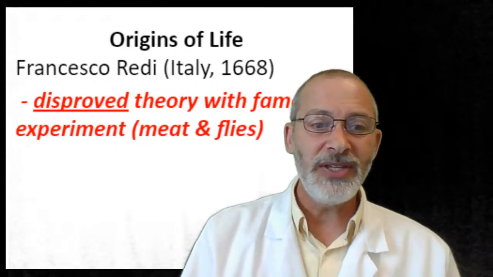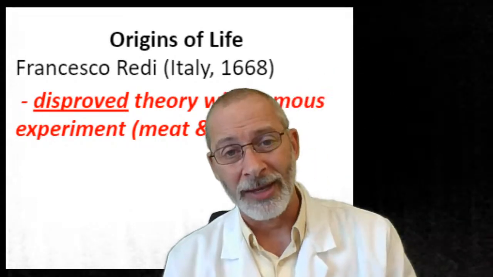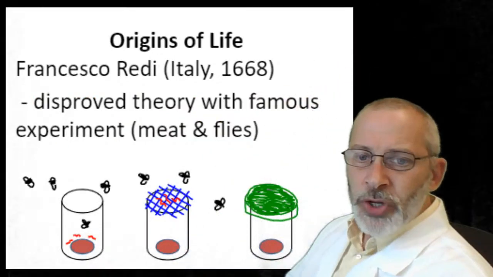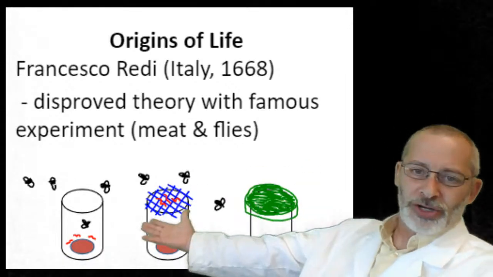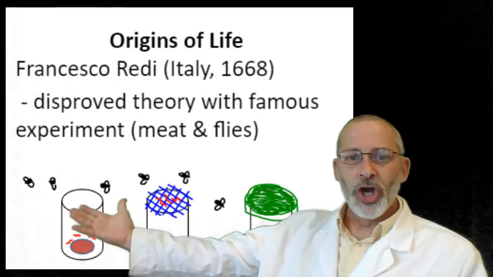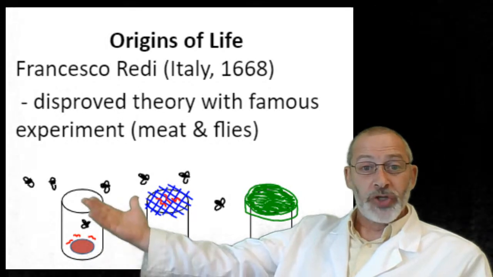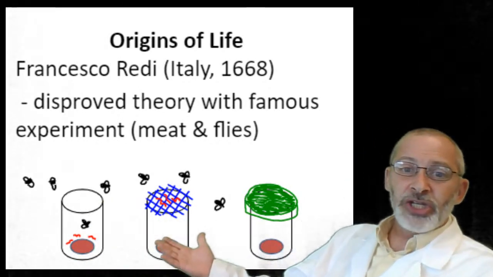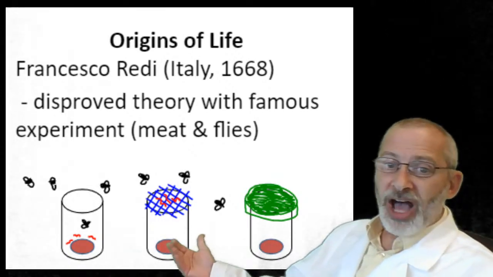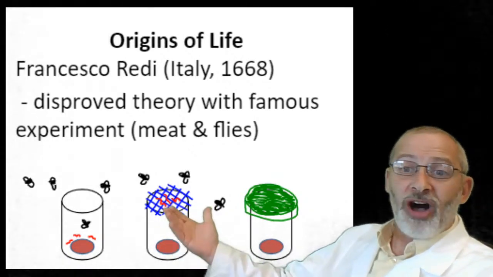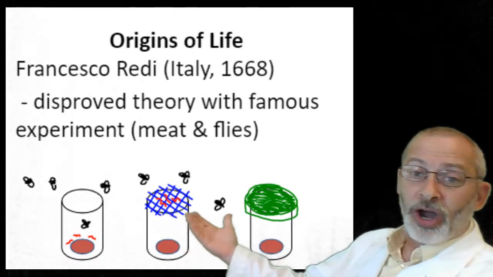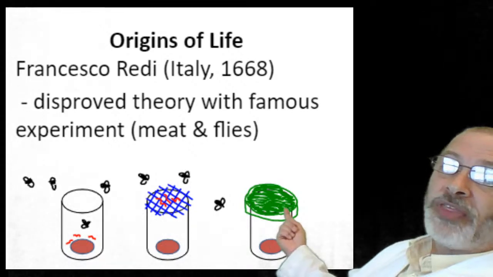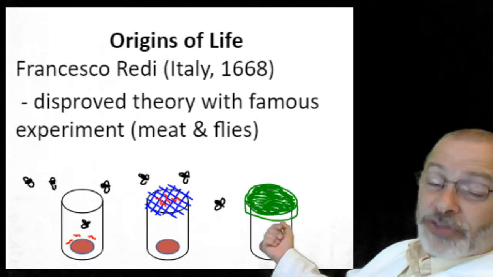And so he did this famous experiment called the Redi experiment, where he had three jars. One jar that was open with a piece of rotting meat. A second jar with rotting meat in it, but with cheesecloth, like a fabric, on top of the jar. And a third jar with rotting meat, but with a lid on the top of the jar.